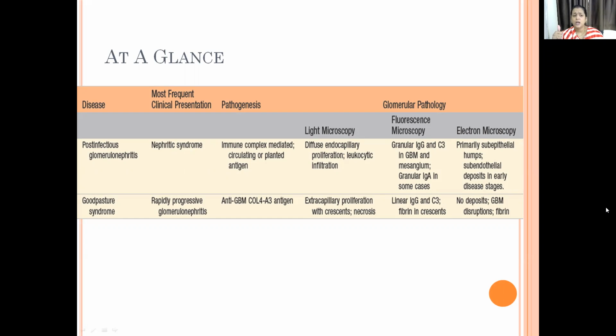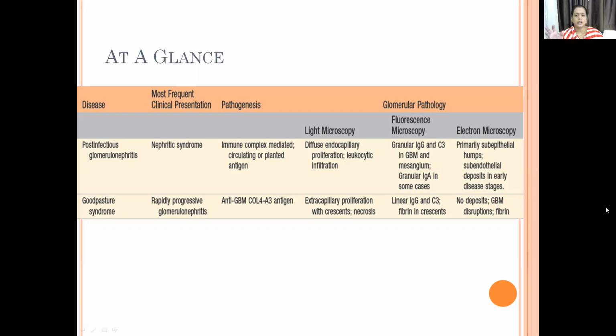Post-acute glomerulonephritis can be post-infectious, related to streptococcus or non-streptococcus. Non-streptococcal can have an IgA deposition. Here you can see that in the streptococcal, there is IgG and C3 deposition in the GBM and the mesangium. So what is happening?